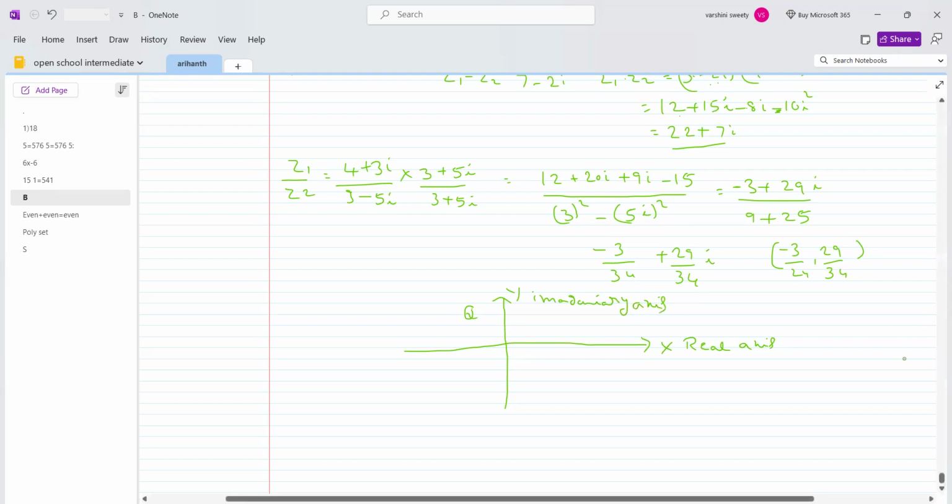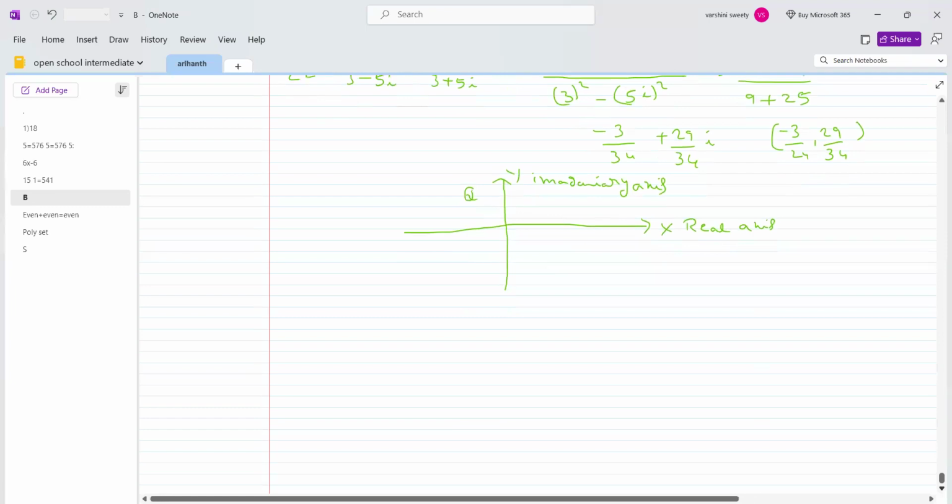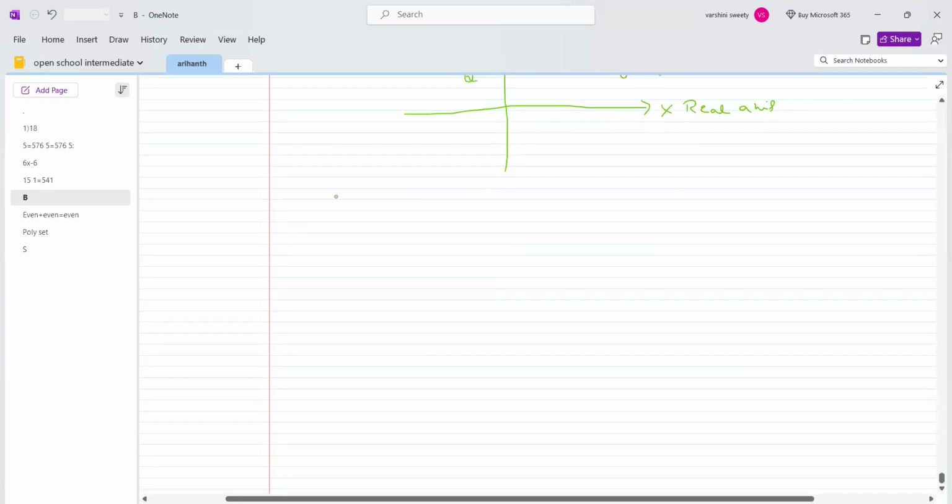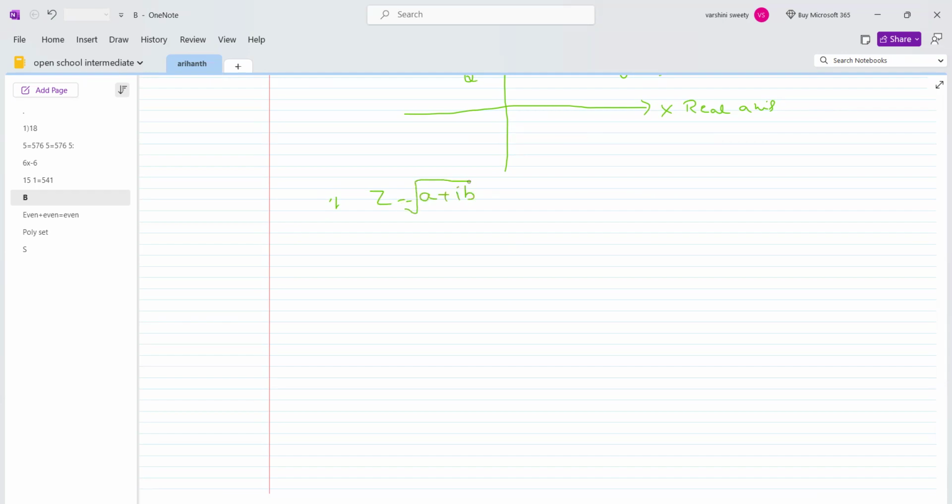If I want to find the square root of a complex number, suppose z equals a plus ib. I need to find the square root of this. The square root value will be some complex number x plus iy. Squaring on both sides, we get a plus ib equals x plus iy whole square.